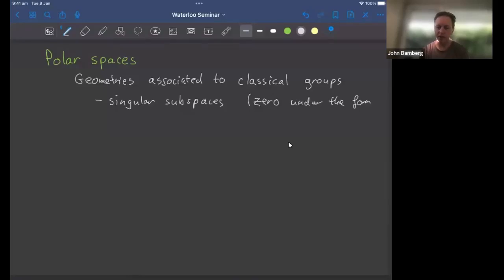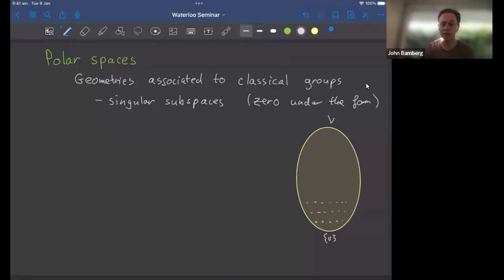And one nice way to think of it is if I think of the lattice of subspaces. So the lattice of subspaces of a vector space, then you think of at the top, you've got the vector space, down the bottom, you've got the zero subspace. You might have one-dimensional subspaces down here, two-dimensional and so forth. And you've got an incidence geometry, a projective geometry actually, from this subspace lattice.